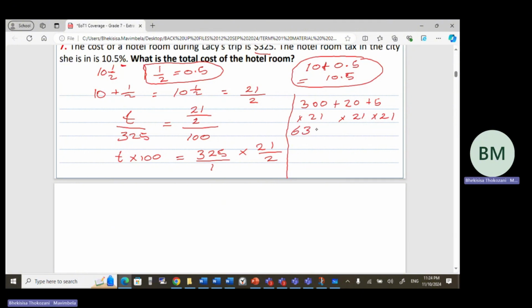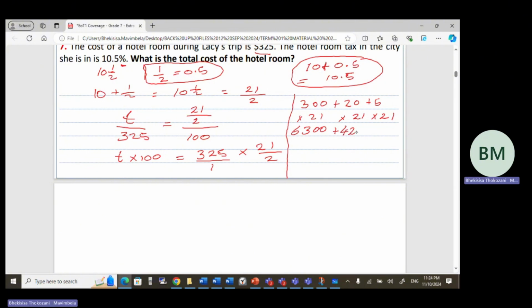Remember we got these zeros, so we bring them down, plus. Now, again, 2 times 1 is 2, 2 times 2 is 4, so this should give us 42, okay? 21 times 2 should be 42.